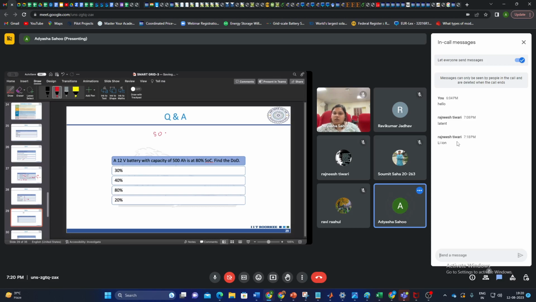SOC equals 1 minus depth of discharge, or vice versa.